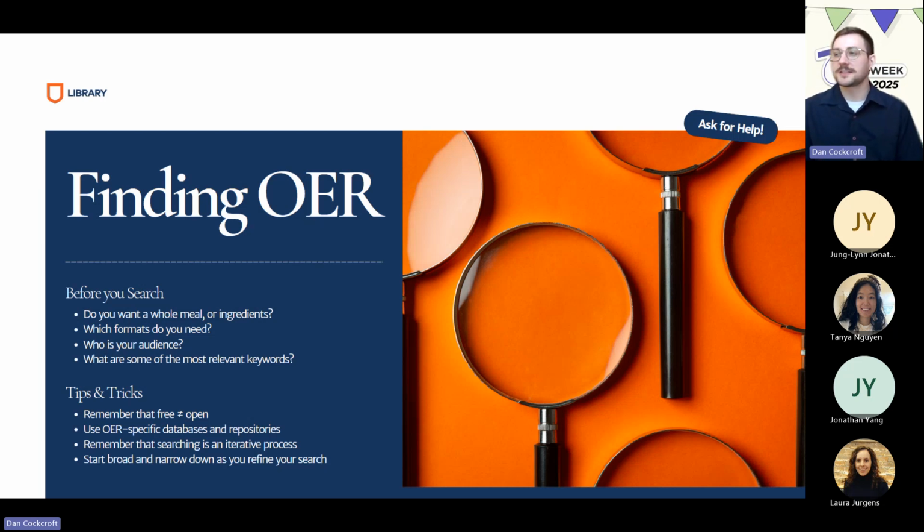For other searches, what we do in the library for very specific topics, we kind of look at it the other way, to start narrow because there's so many results. But one of the things with OER is that we're still coming into our own. We're still seeing those big subjects being overrepresented and more specific niche subjects being underrepresented. So I like to recommend to start broad and then narrow down your search if you have a lot of results.